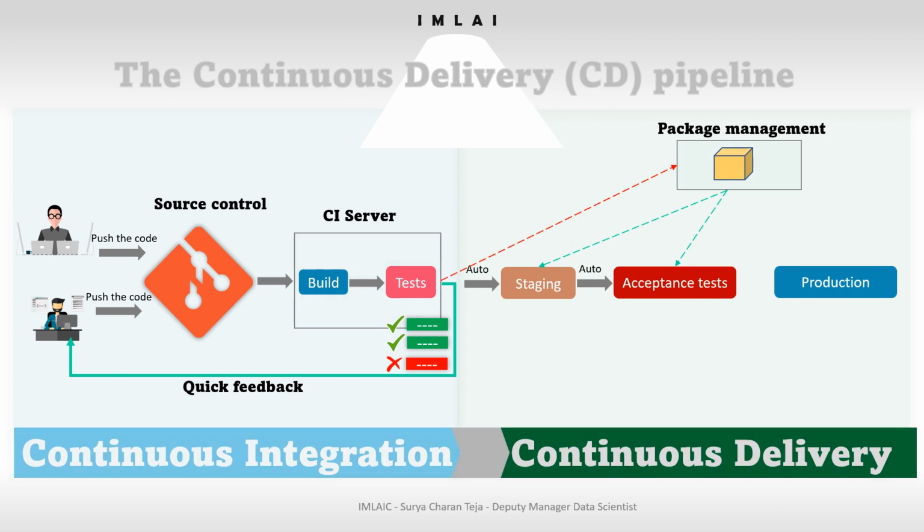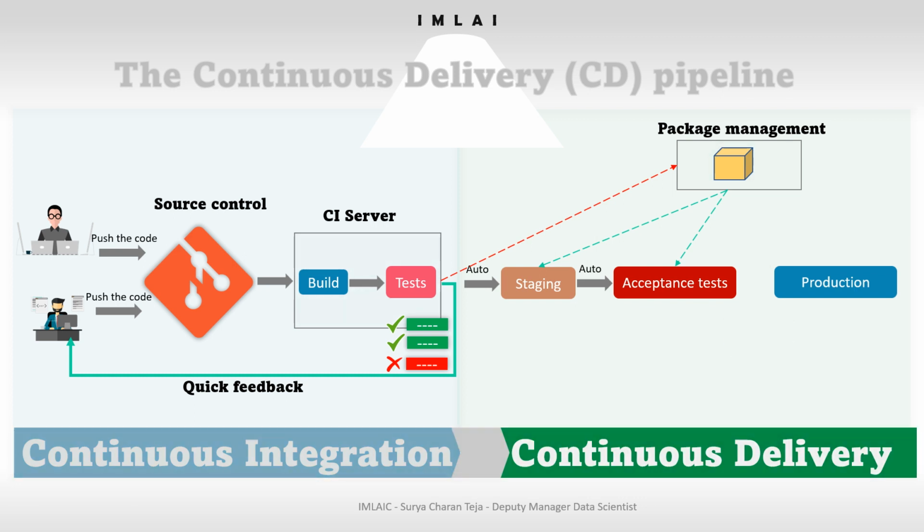This diagram, or infographic, on the screen clearly shows that the CD process is a continuation of the CI process. It represents the chain of CD steps, which are automatic for staging environments.